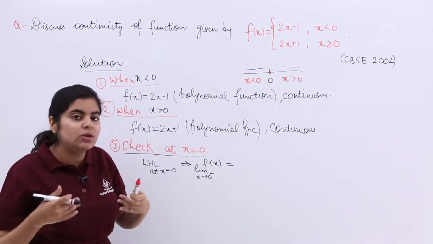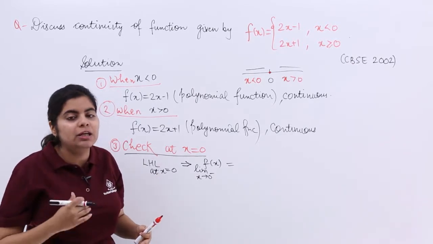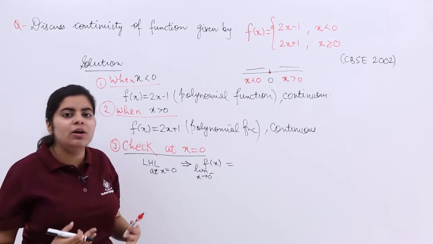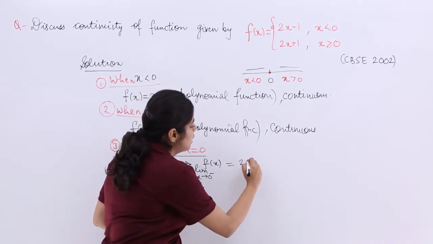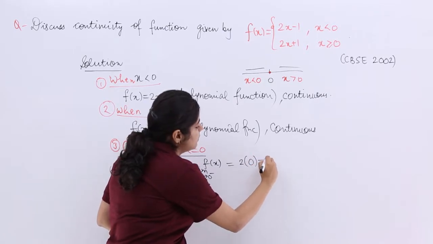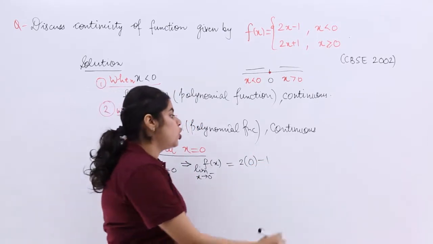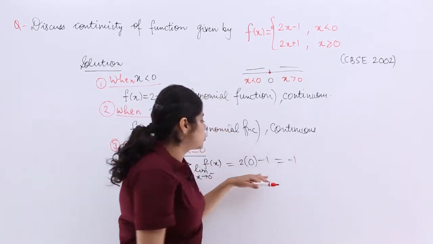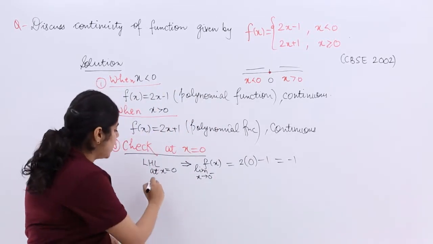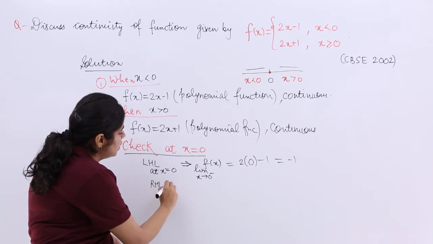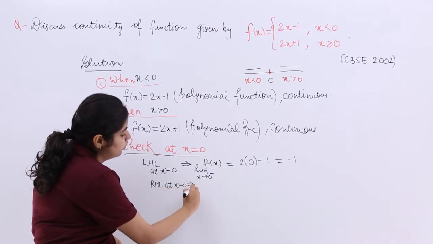So you can either go with the h criteria, limit h tends to 0, or simply go with direct substitution because already the function is split. So you can just write 2x minus 1 where you substitute the value of x as 0. So it becomes minus 1, because 2 times 0 is 0, and 0 minus 1 is minus 1. What about RHL at x equal to 0?